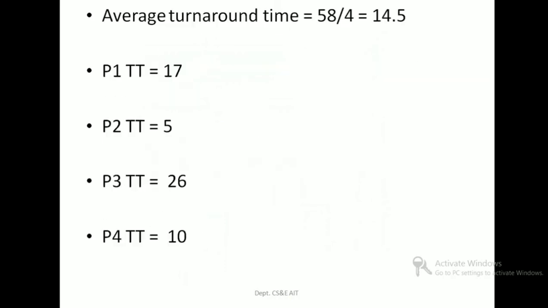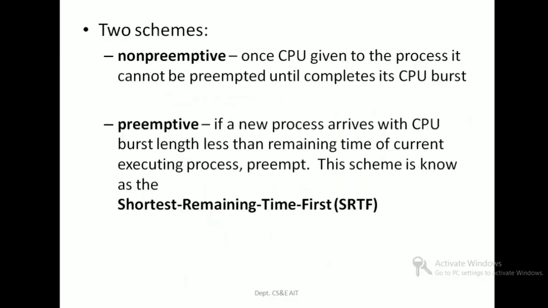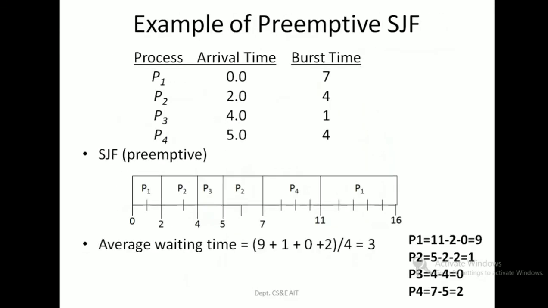Now, what is the disadvantage of your shortest job first scheduling algorithm? All this that we are doing is for the sake of illustration. For the sake of illustration, I know the data very well in advance.